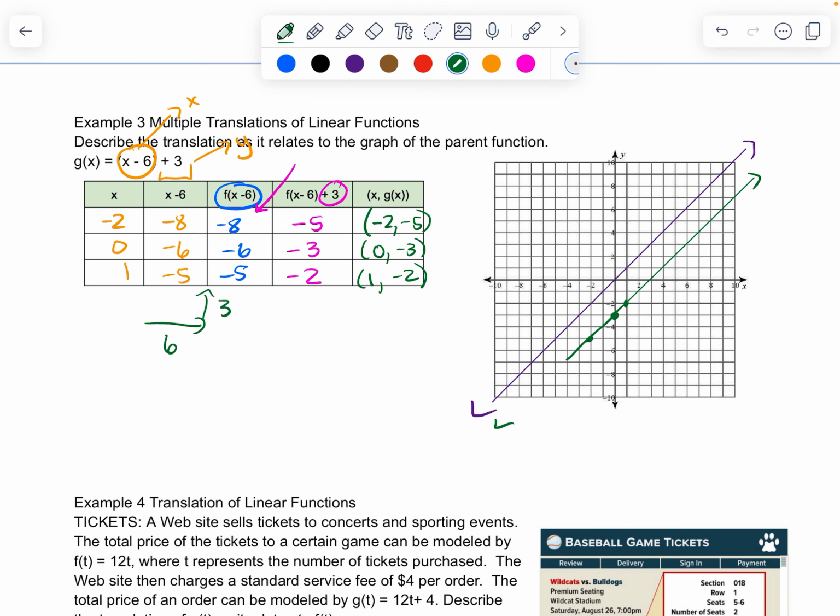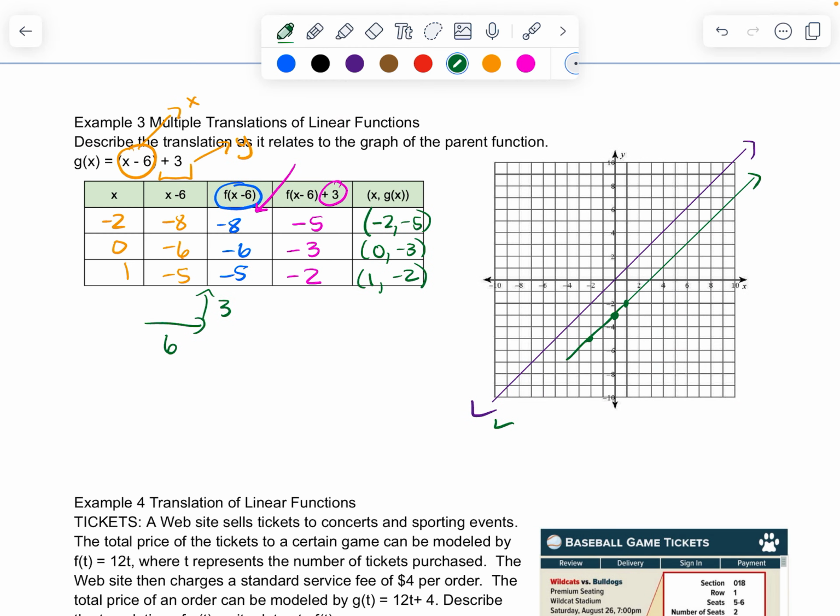So I'm going to draw this picture. And there we go.